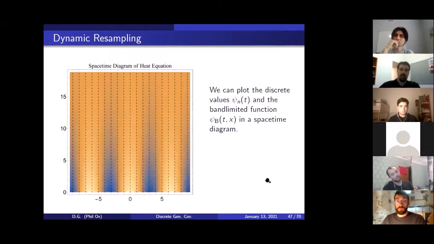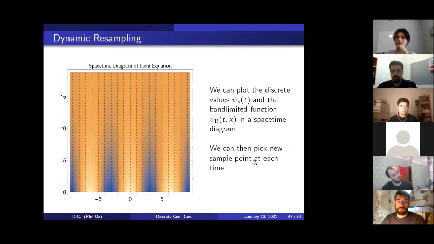Okay, so what we can do is plot these discrete values psi n of t as these dashed lines here, and you can also plot the band limited function here in a space-time diagram. Right, so here's space and here's time. Now this isn't the Lorentzian theory, but we can still put it in space-time, because why not? Now what we can do is at each time, we can pick new sample points.